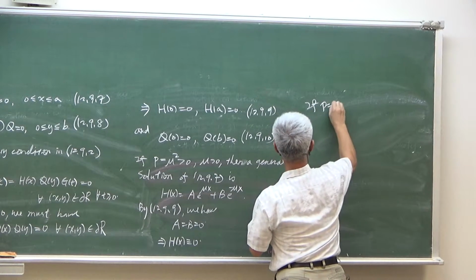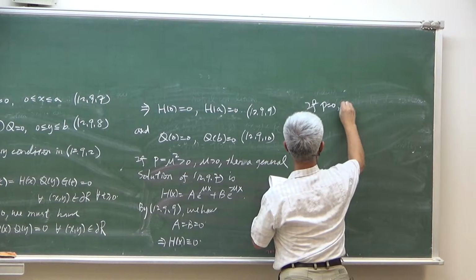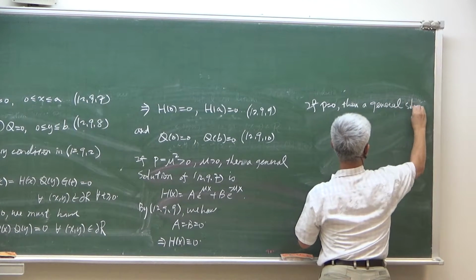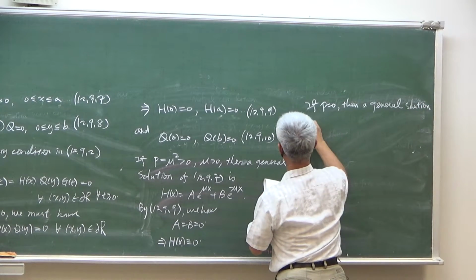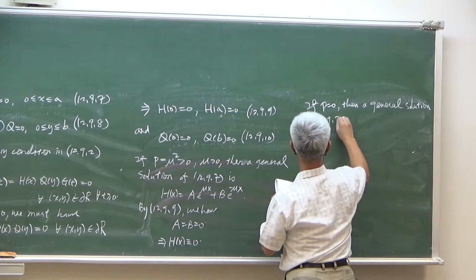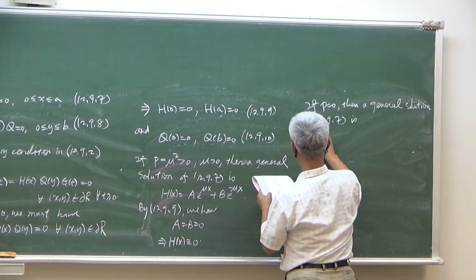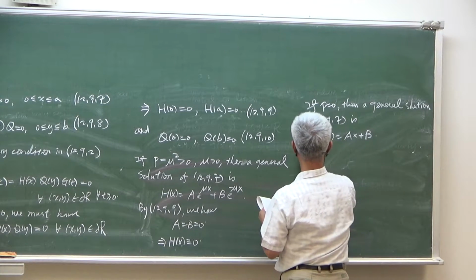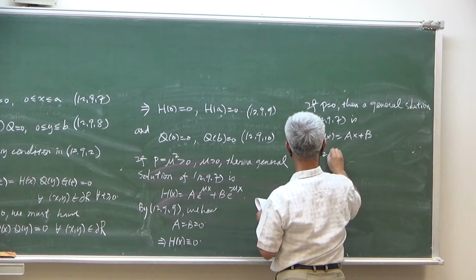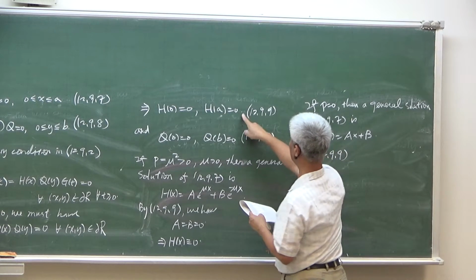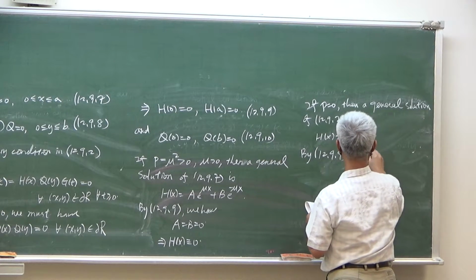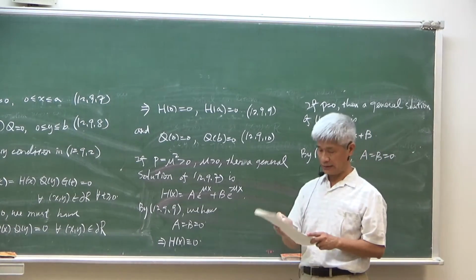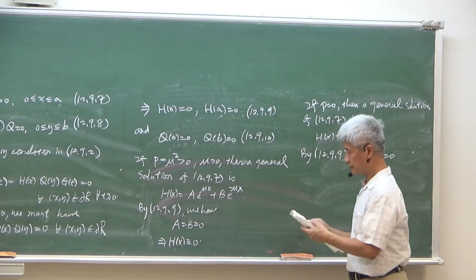Now, if p equals 0, then again a general solution of 12.9.7 is h of x equal to Ax plus B, and again by the boundary conditions, A equal to B equal to 0. So if p is positive or 0, we have no solutions.